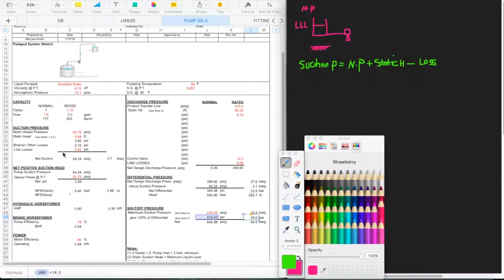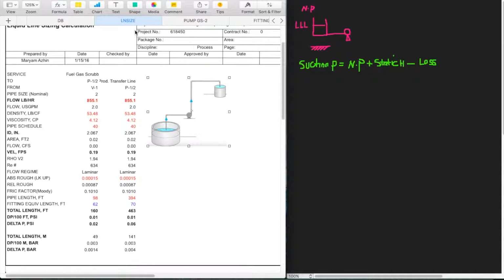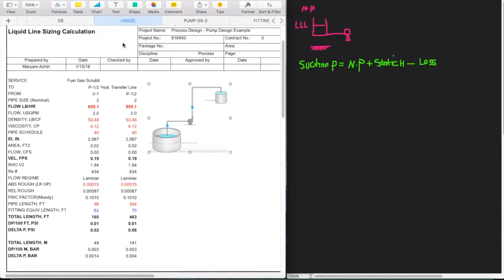These losses in the line are strainer loss and line losses. In order to calculate the line losses fast, we made another tab in a spreadsheet to calculate this loss on the suction line easily.